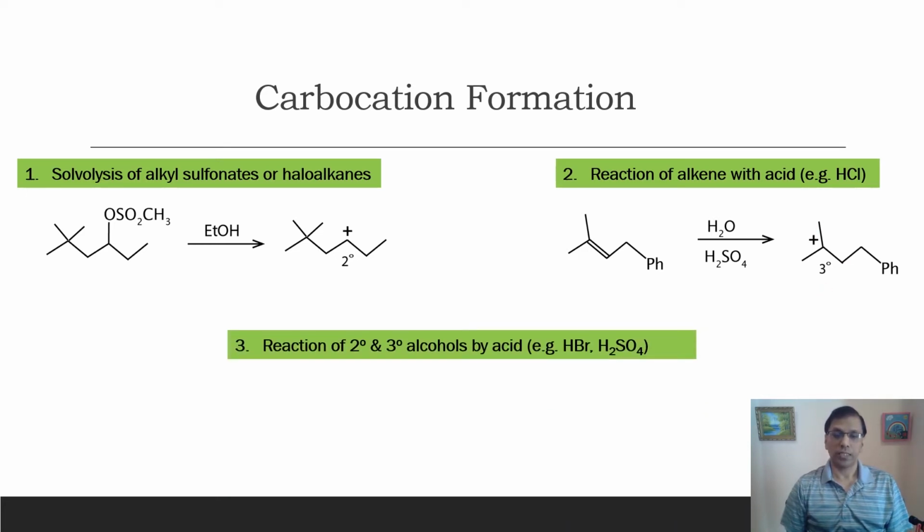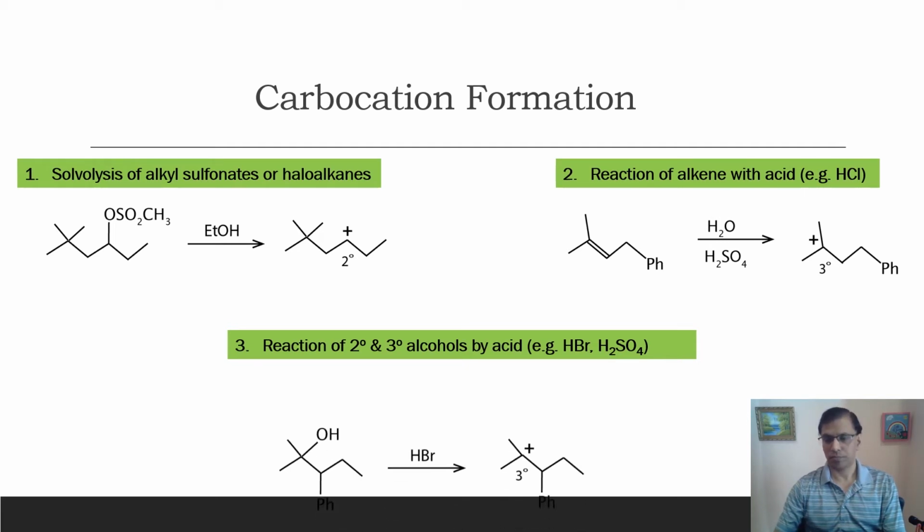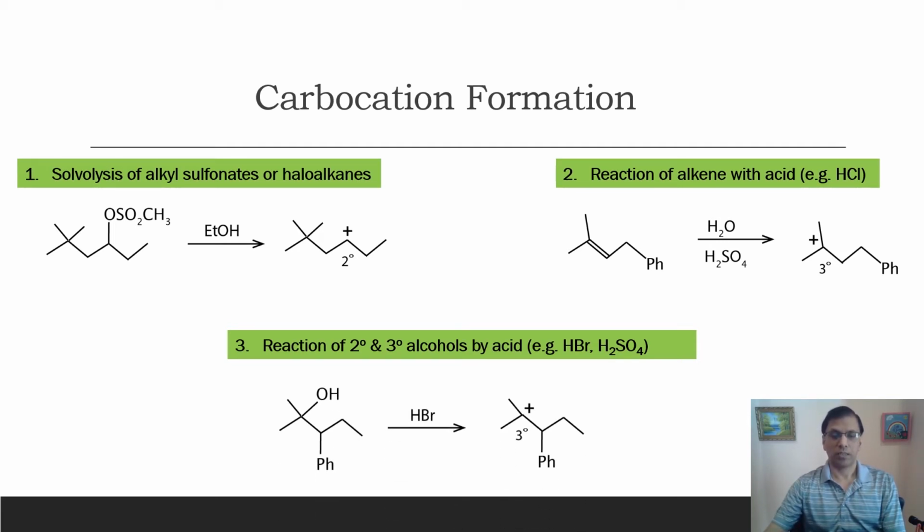The third way to generate a carbocation is by reacting a secondary or a tertiary alcohol with an inorganic acid like sulfuric acid or HBr. So we have a tertiary alcohol right here.